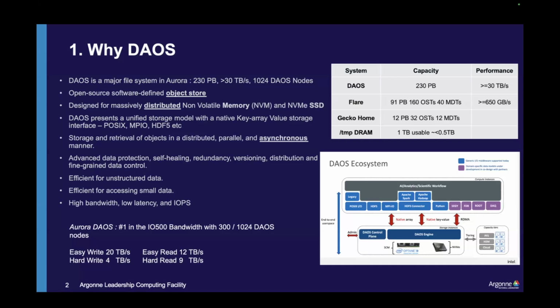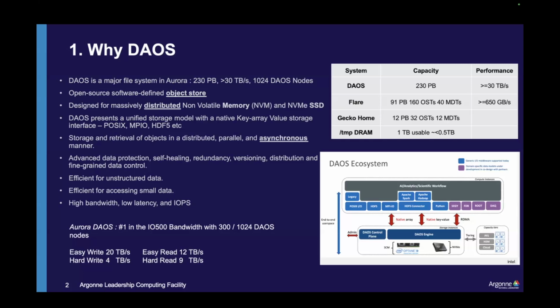It should be noted that DAOS is the primary major file system on Aurora, and this is the most recommended way, especially with 230 petabytes of storage, and it is expected to deliver more than 30 terabytes per second. There is also another Lustre store called Gecko, where your home directory is stored, and it's not recommended to run jobs from there.